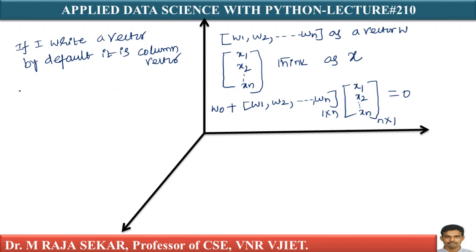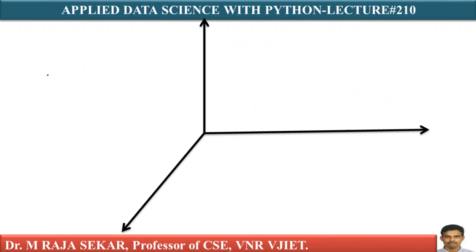My default notation, if I say w is a vector and x is a vector, let me say w comma x are vectors. What is your default notation? Once I say vectors, they are column vectors, isn't it? Therefore, I can write w as n by 1.